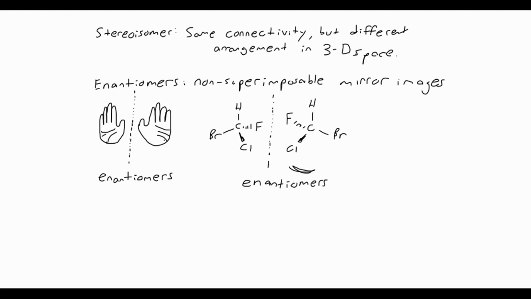We could also try drawing another type of substituted methane. What about dichloromethane, which is a really common solvent? And our mirror plane here, and then maybe flip everything over the mirror plane.